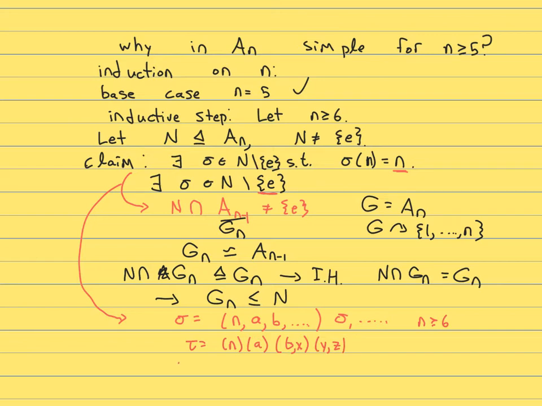And I'm going to look at tau sigma tau inverse. By definition of how conjugation works, this permutation is going to have n, a, and it's going to replace b with x. And that's going to have other stuff. And then other stuff. But the point is, because we're closed under conjugation, this permutation is in N.